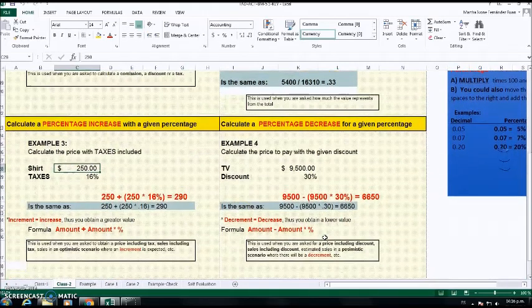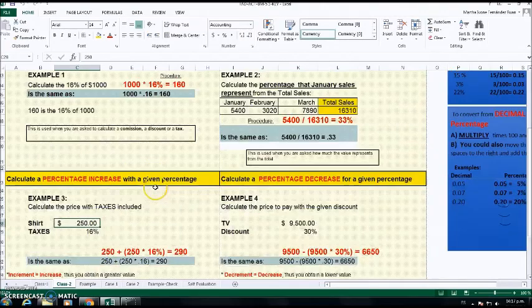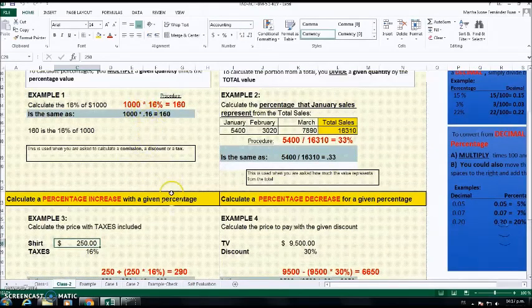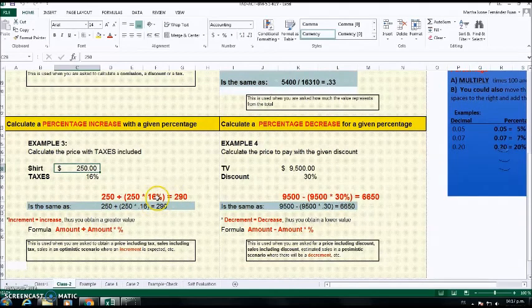Another important formula is calculating the increment of a value. In this case, the original value is 200 pesos, the price of this shirt. If you want to calculate the final price including taxes, then we should add the 16% of taxes to the original price of the shirt. So 200 pesos plus the percentage, as we just learned previously, the 16% of 200 pesos.